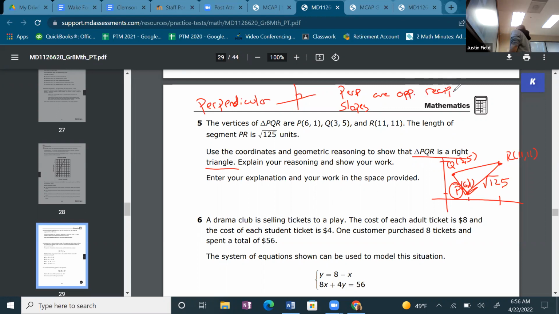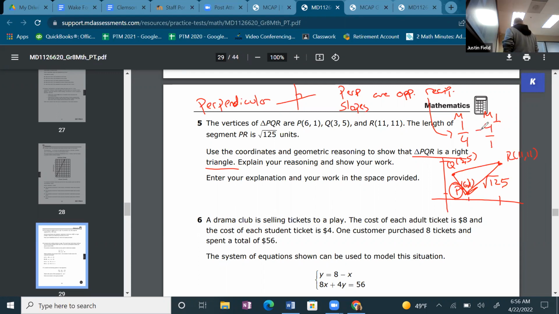What does that mean? A reciprocal is when you flip the fraction. And opposite is when you change the sign from positive to negative or negative to positive. So if we had negative 3 over 5, it would be positive 5 over 3. Yes. So if m is the slope 1/4, the perpendicular slope would be negative 4 over 1.